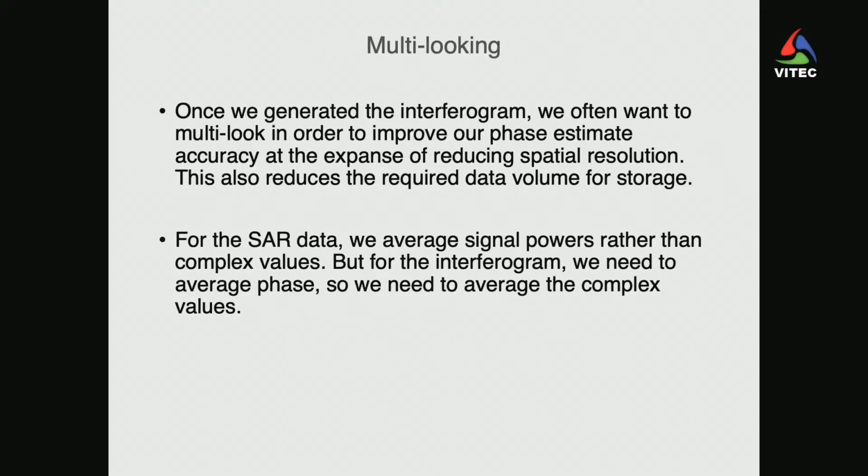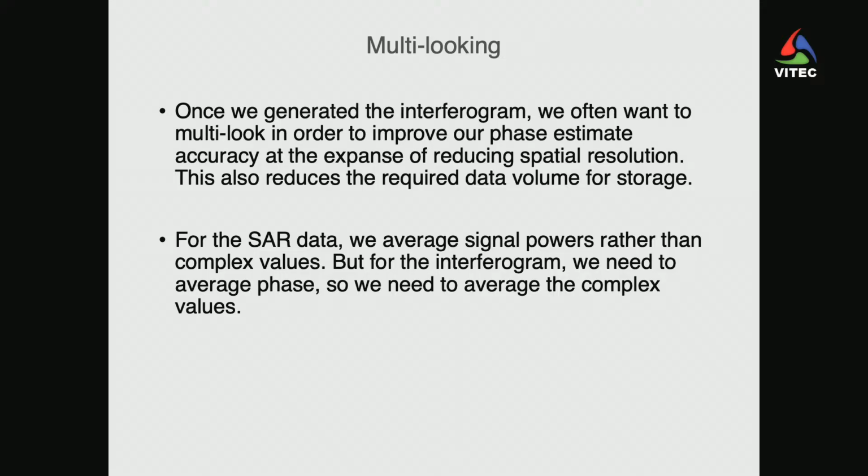And once we do that, because the SLC, the radar image, is usually at a resolution of 5 meters, it is usually very large, and most of the deformation we look at does not require that high resolution. A large data set also adds additional burden on storage and processing time.